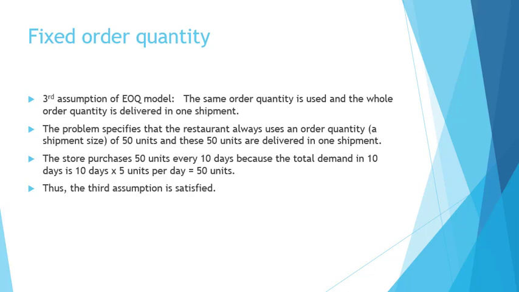It is interesting to pay attention that the store purchases 50 units every 10 days because the store knows that the total demand in 10 days is 10 days times 5 units per day equals 50 units. Thus, the third assumption is satisfied.